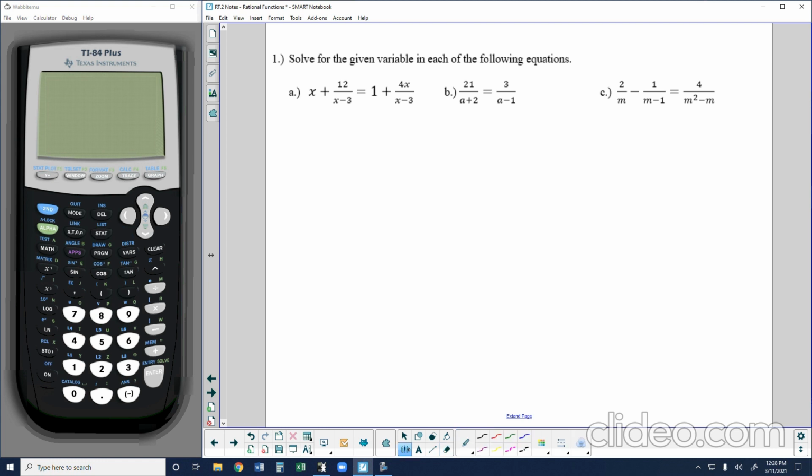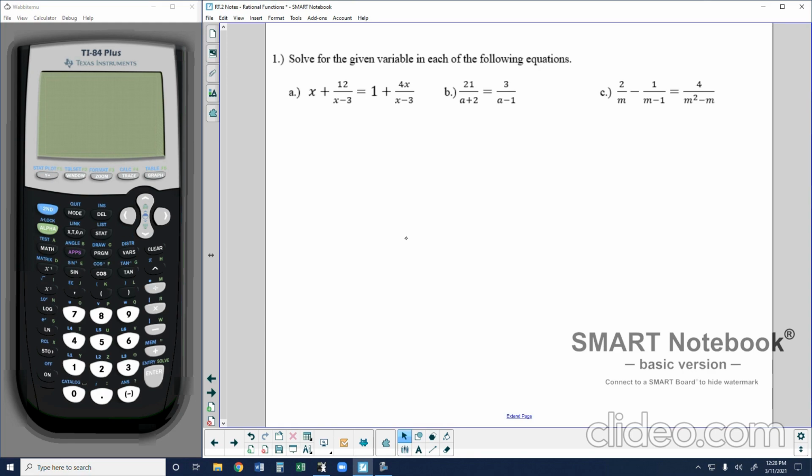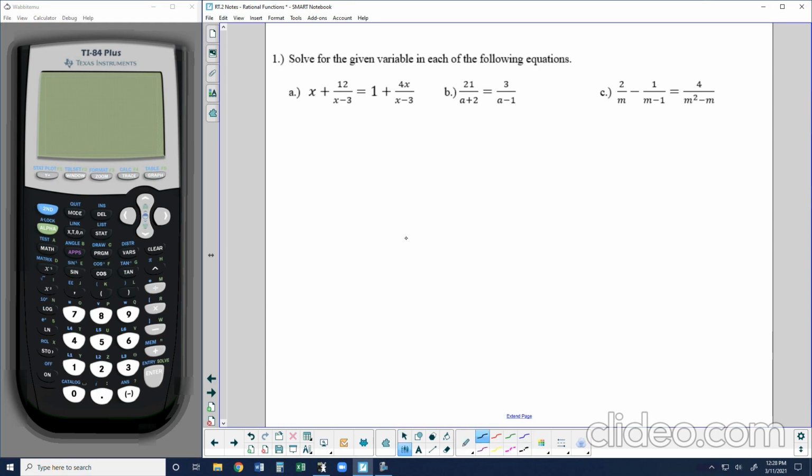So if I take a look at problem 1a, essentially I have fractions. The x is not written as a fraction, but we can represent it as x over 1, and we can represent 1 as 1 over 1.